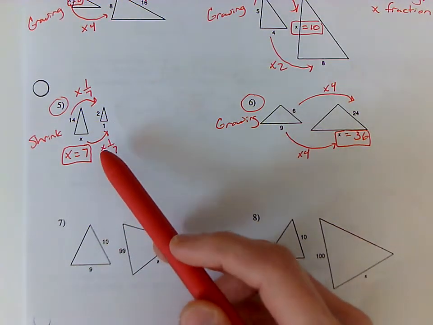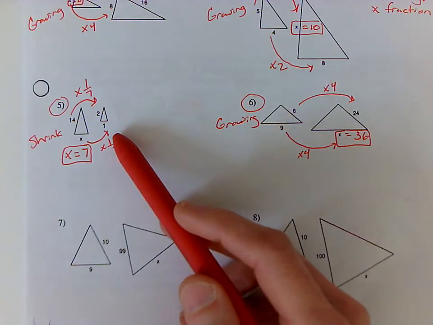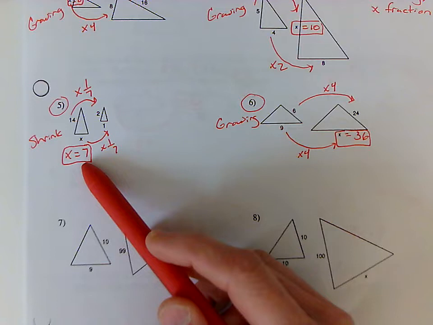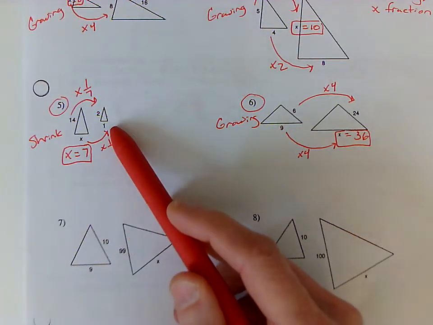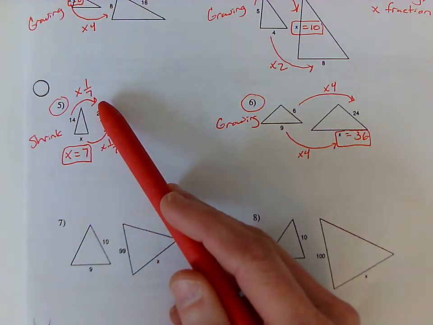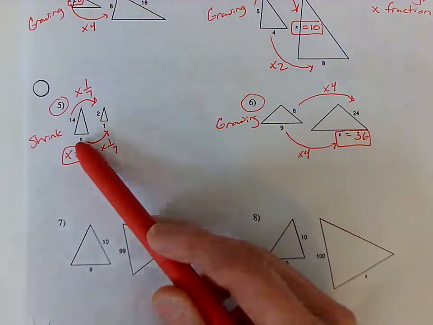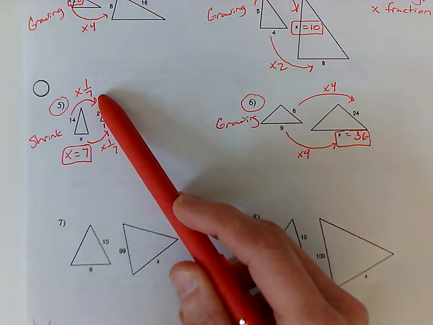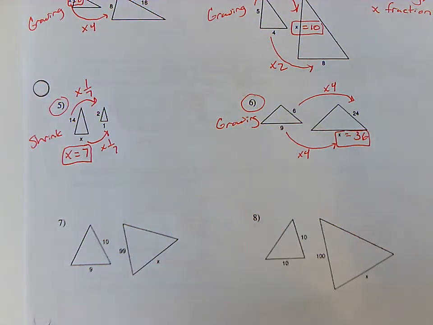Well, what can you divide by 7 and get 1? Well, 7. X equals 7. 7 divided by 7 gives you 1. So you can always think in terms, if you're shrinking, of what you're dividing by. 14 divided by 7 is 2. 7 divided by 7 is 1. But understand the scale factor is that fraction. So flip it, times 1/7.